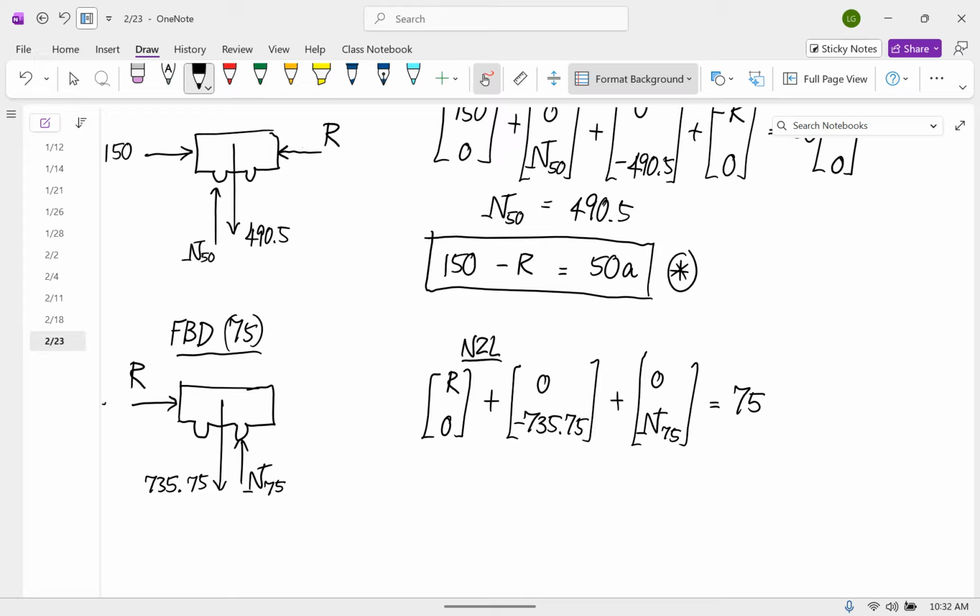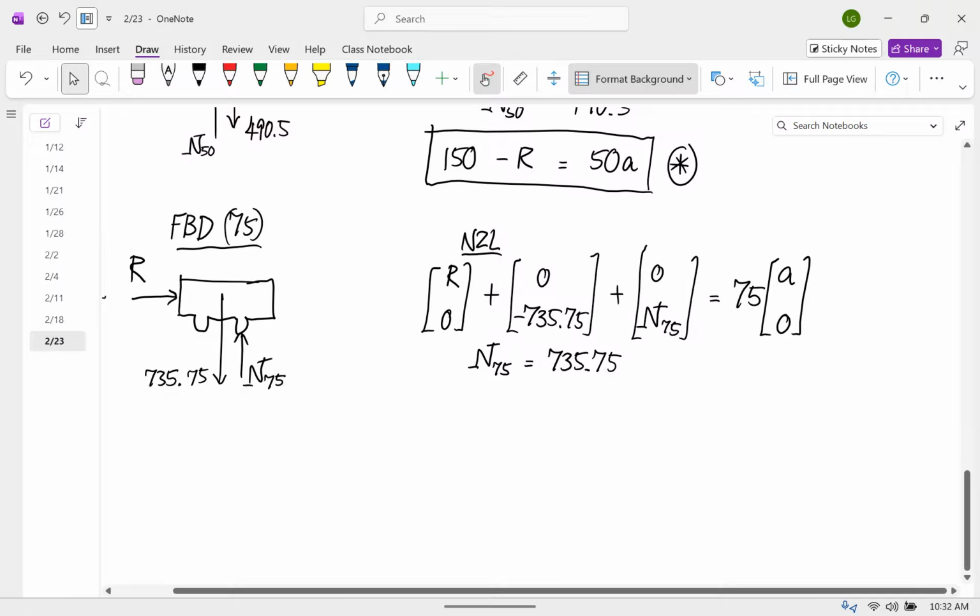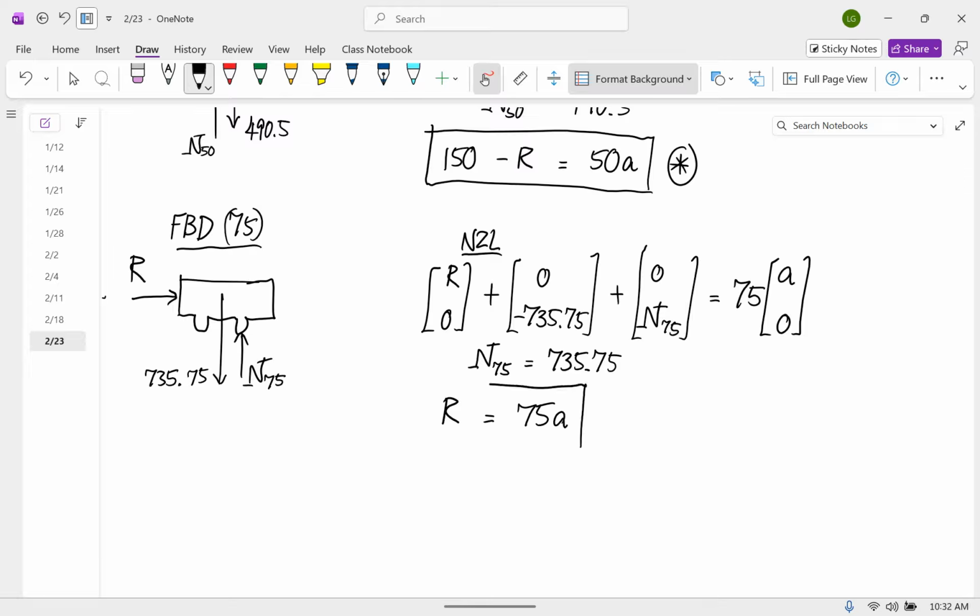And since these things are moving as a single object, it has the same acceleration as the first one. So N75 is equal to 735.75. But then the one we want is R is equal to 75A. That's another single equation with two variables, but now we can solve the two equations as a system.